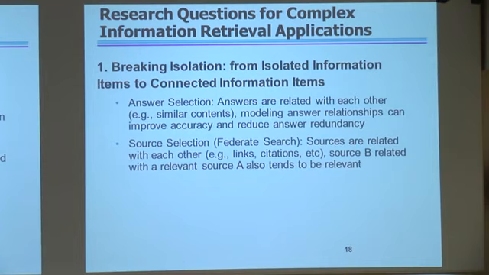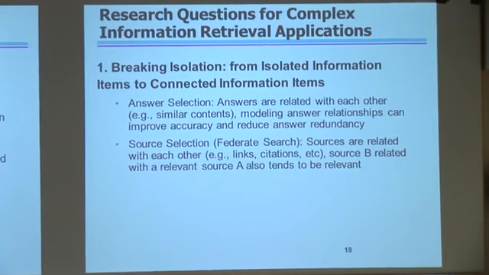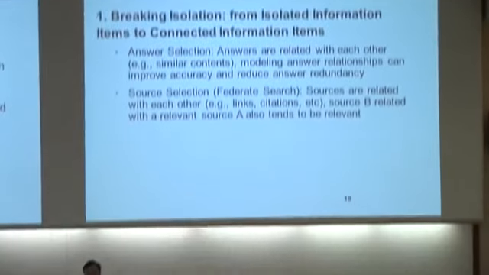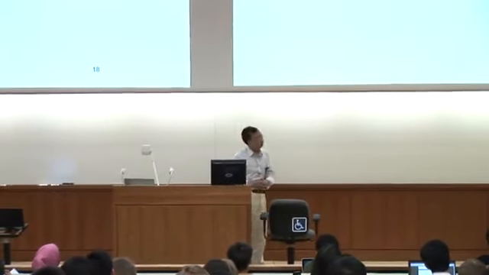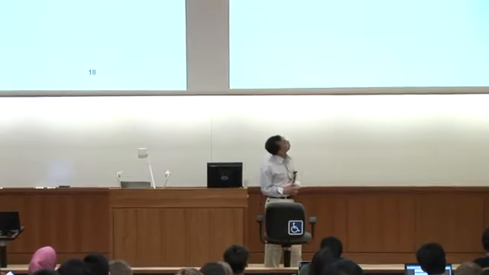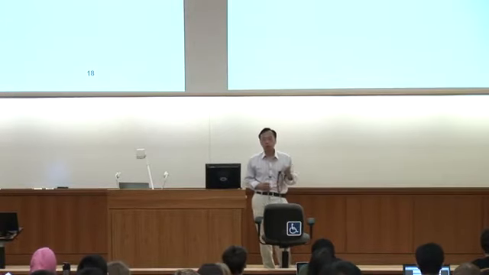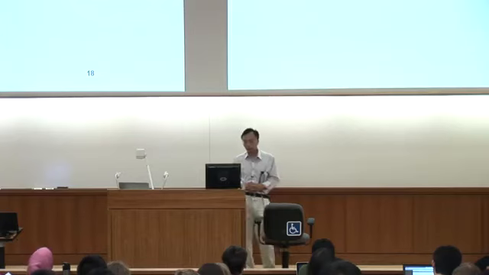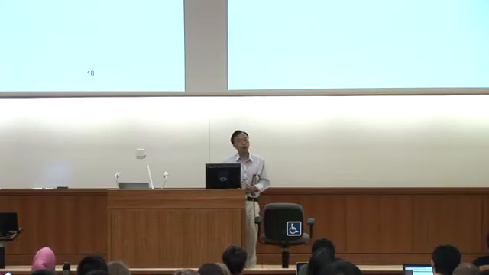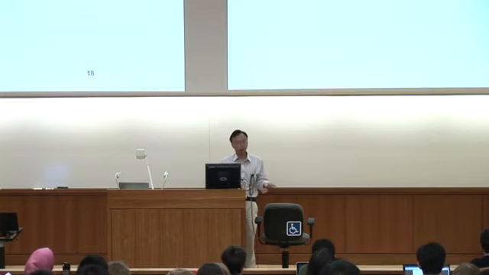So in these cases, we want to go beyond the isolated information item, but consider a set of items in a joint way. In particular, this is the case, for example, for question answering, where we would like to select answers. And we are going to see how we model this in a joint manner so that we can improve answer accuracy as well as reduce answer redundancy. And this is also the case for faculty search, where we have to select relevant information sources for a user query.